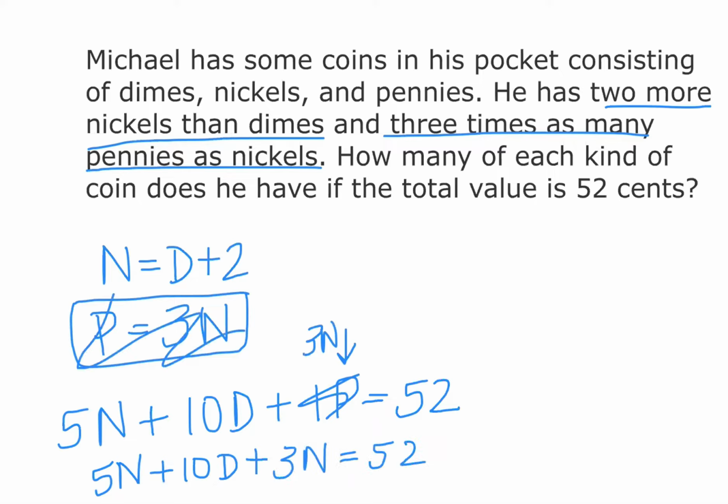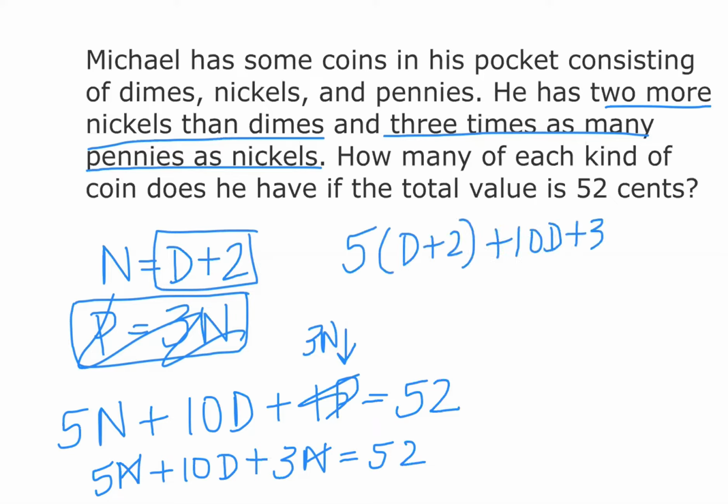So we've already replaced the p. Now we're going to replace n with d plus 2. There's 2 of them. There's this one and there's this one. I'm going to rewrite it. 5 times d plus 2 plus 10d plus 3 times d plus 2 equals 52.